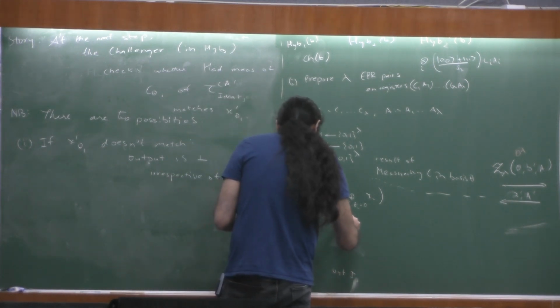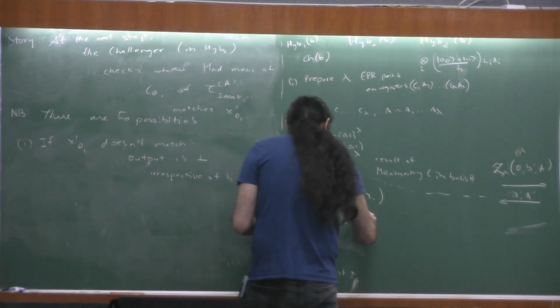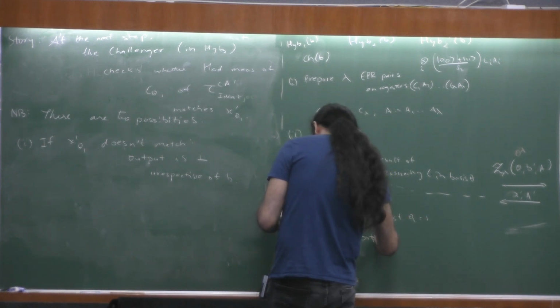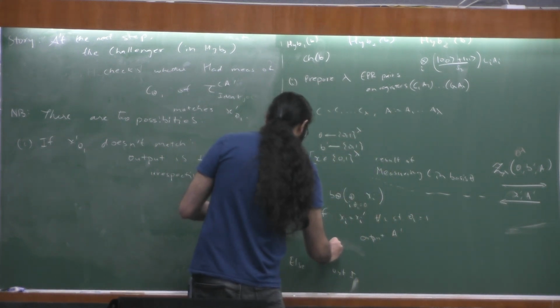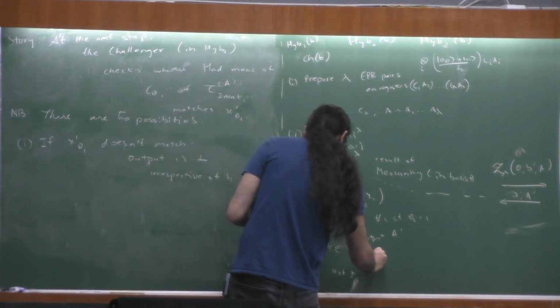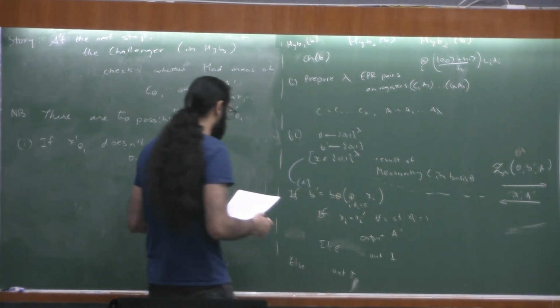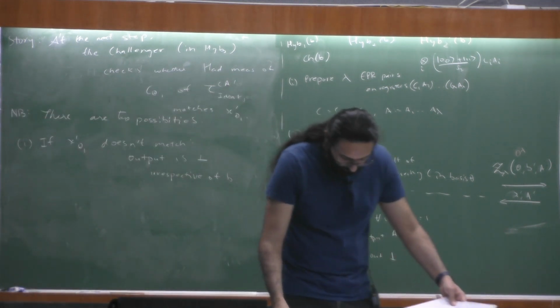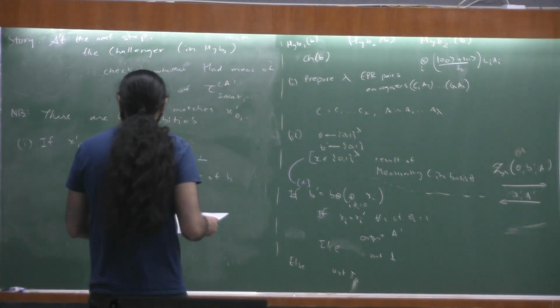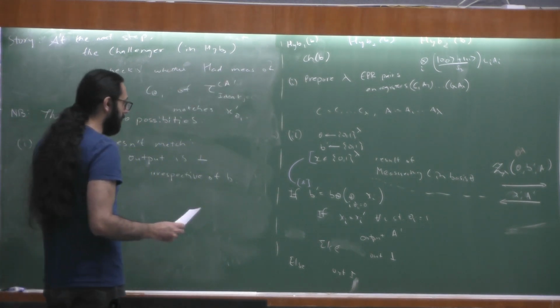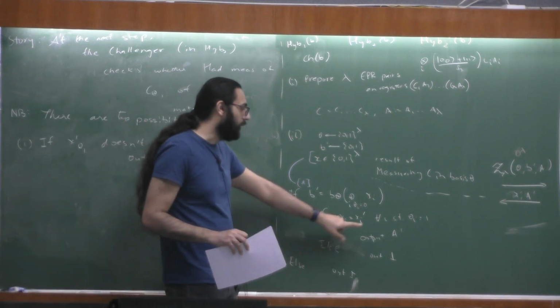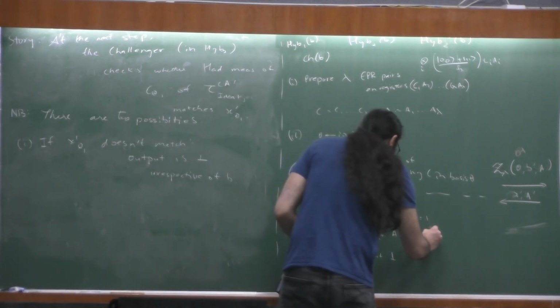So if x_i equals x_i prime for all i such that theta is 1, you output A prime, else you output perp. Okay. So now the way this is arguing is that if it were the case that x theta 1 doesn't match, then in our new notation it's just x theta 1 equals x theta 1 prime, right.